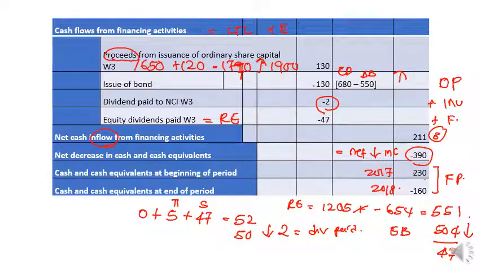For share capital, the beginning balance that you have here is 1650. Then you're going to add another 120, which comes from your new acquisitions.